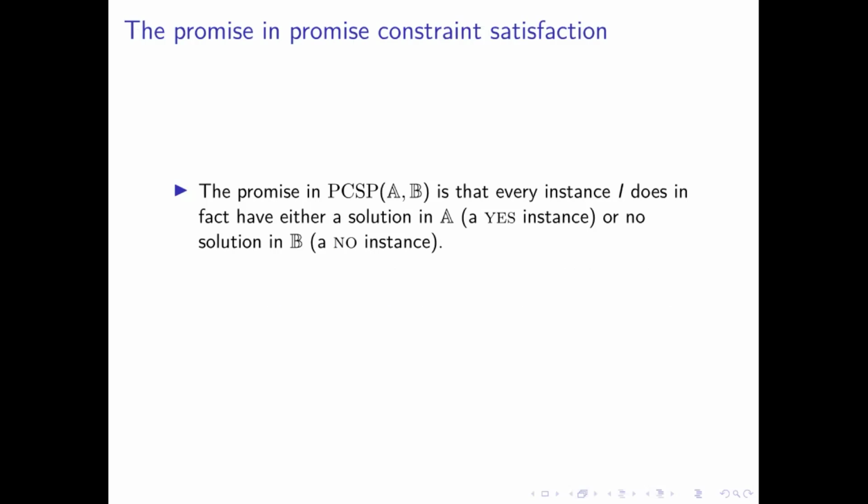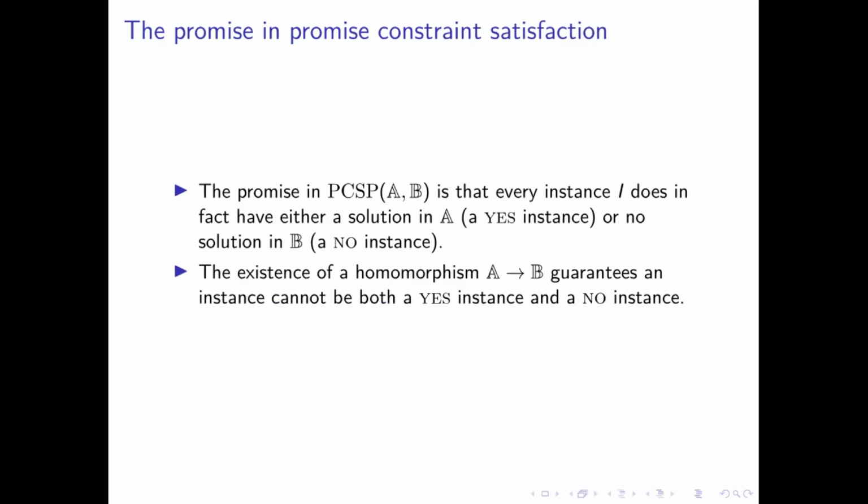That's the promise. And then this homomorphism that I mentioned kind of makes the problem make sense. So you can't have an instance which is both a yes instance and a no instance. So if you have a solution to a list of constraints in A, you apply the homomorphism that exists here, you get a solution to that list of constraints in B. Okay.